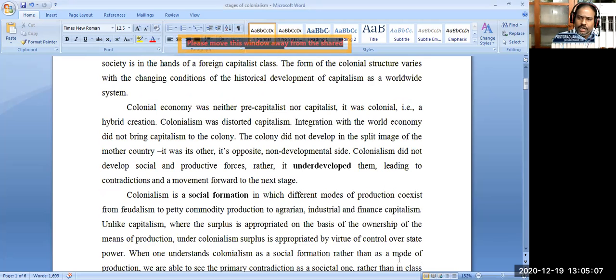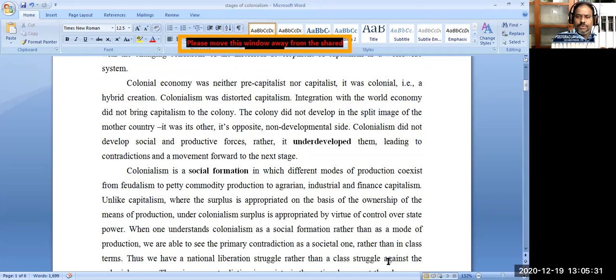The colony did not develop in the split image of the mother country. It was its opposite, the non-developmental side. Colonialism did not develop social and productive forces. Rather, it underdeveloped them, leading to contradictions and a movement forward to the next stage.